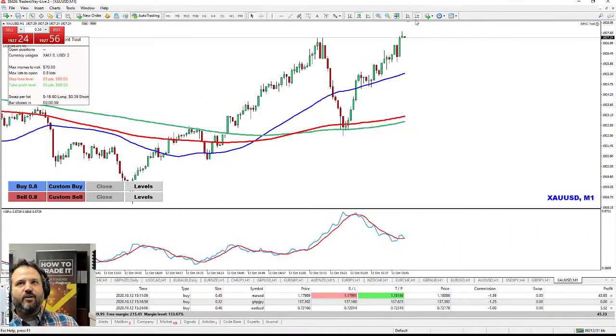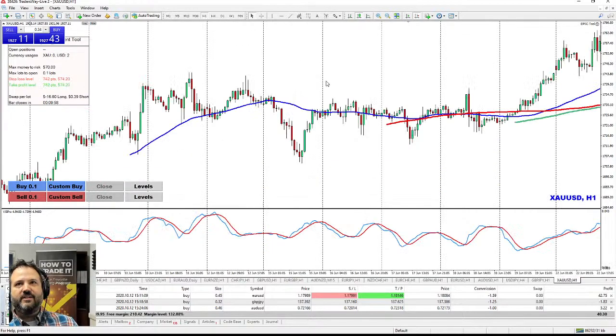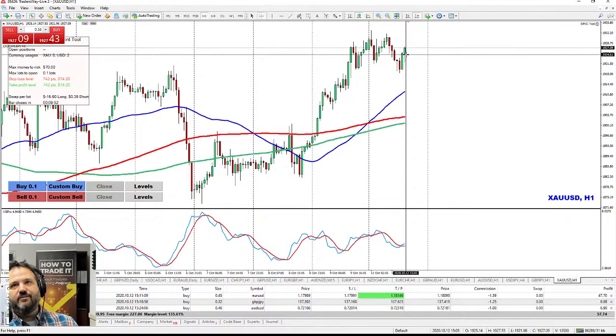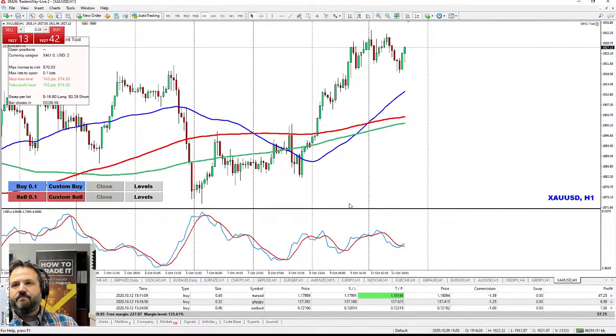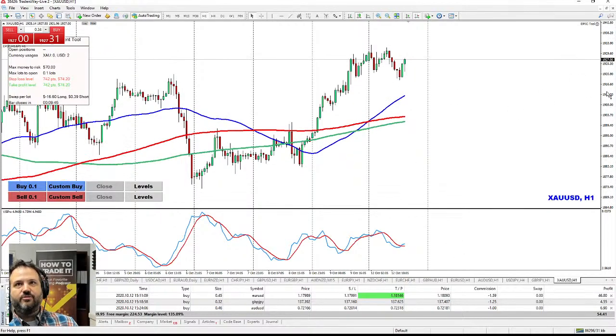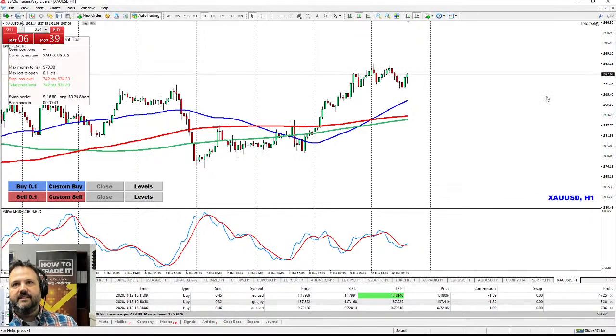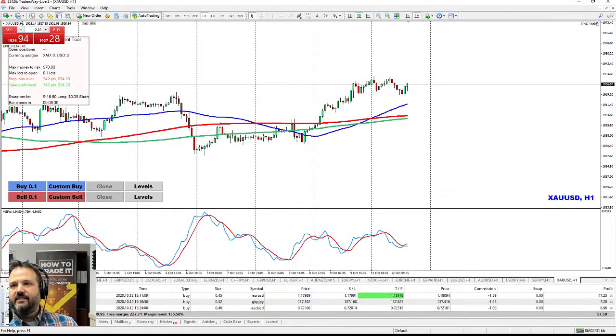But I think on an hourly or 4-hour time frame, it's probably not bad. So right now, I like this setup on gold too. I think gold is a good trade personally. I would go long, put my stop down here somewhere, and let this thing ride.